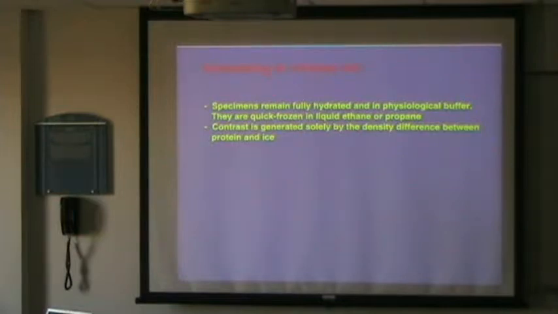The other thing we do now for best possible preservation is what we call embedding in vitreous ice. So essentially we take our samples in the physiological buffer, and that's just what we freeze right away. We don't really do much with it. Now obviously this has the advantage that you are in the correct buffer.